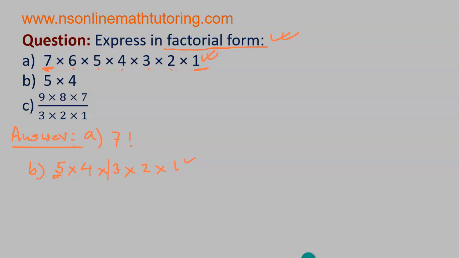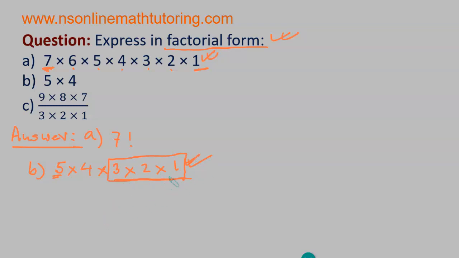So, we have included this part. This part was not there in the question. But since the question is asking us to express this 5 times 4 in factorial form, I had to introduce this part.